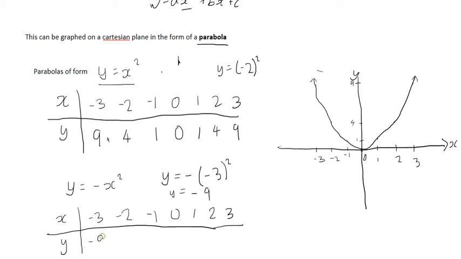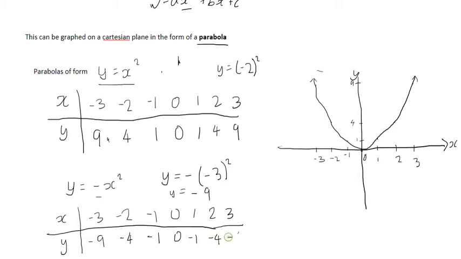So now you can see that's -9. When x is equal to -2, y would be equal to -4, following that same formula. At -1, y would equal -1. When x is equal to 0, y is still equal to 0. Then when x becomes positive, 1 squared is 1, but remember this negative out the front, so it's -1 again.